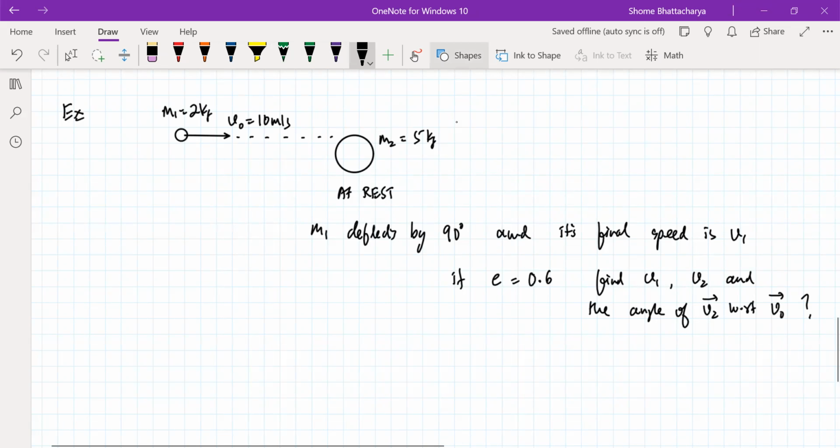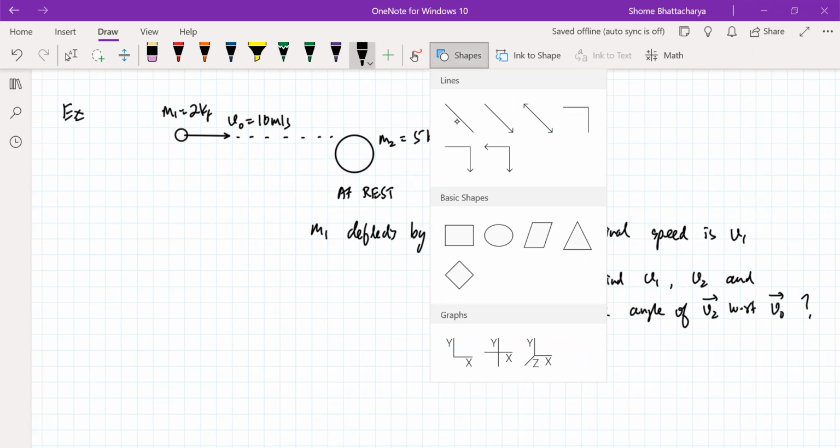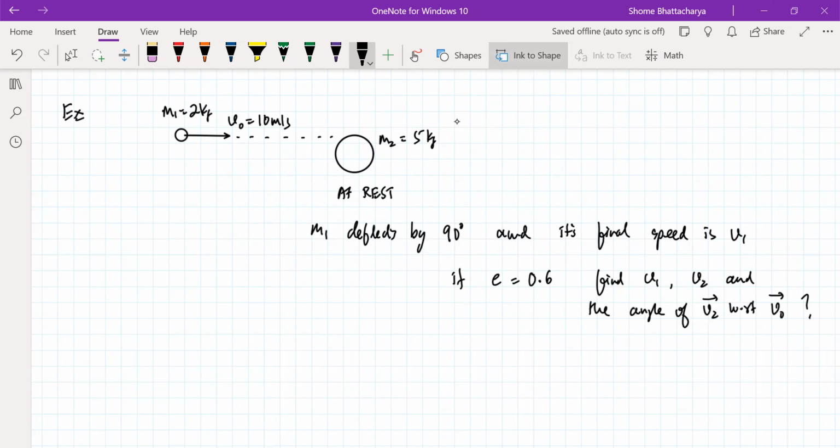Okay. So here, what's going to happen is that as M1 and M2 come in contact, see that's the center to center line. So collision impulse acts along that line.